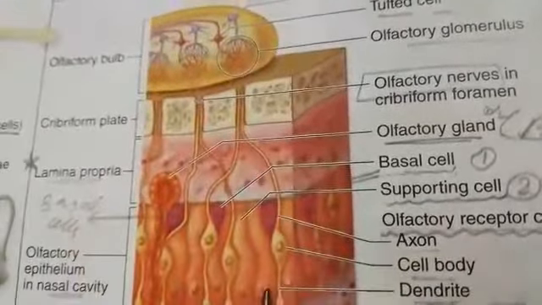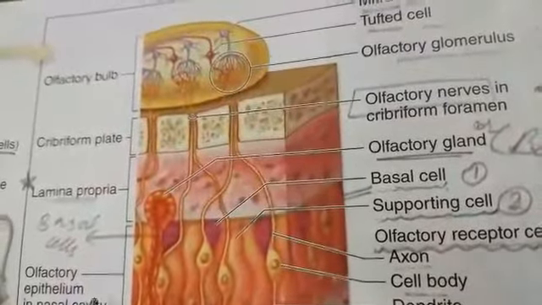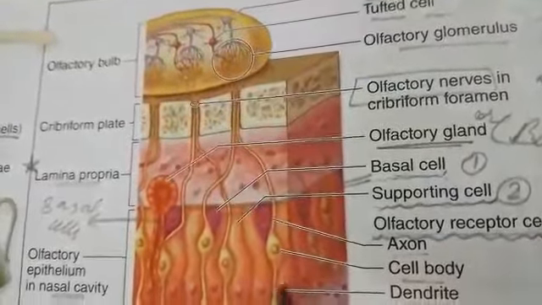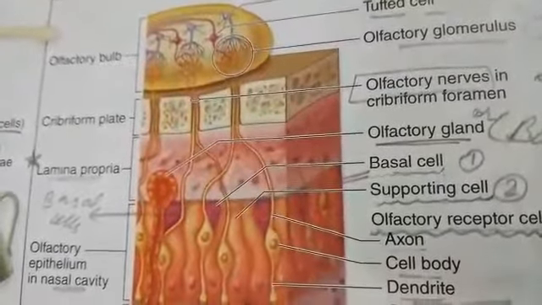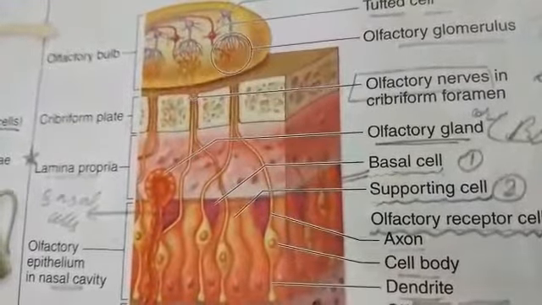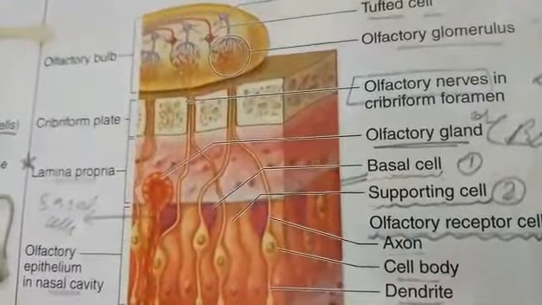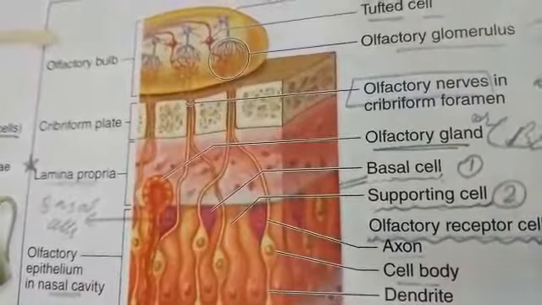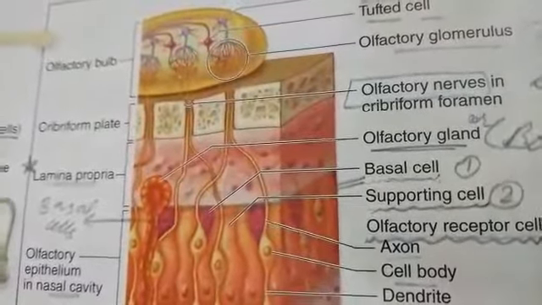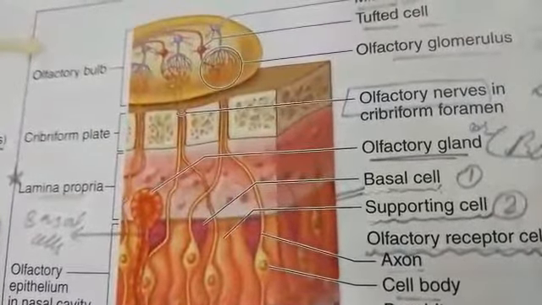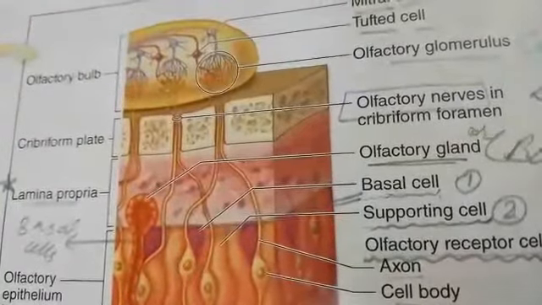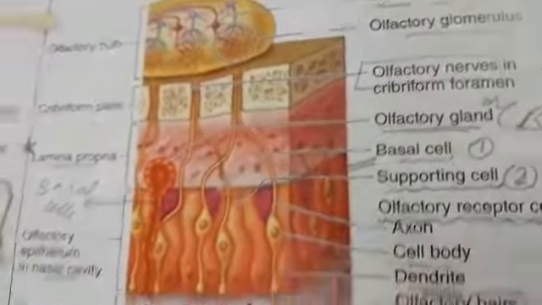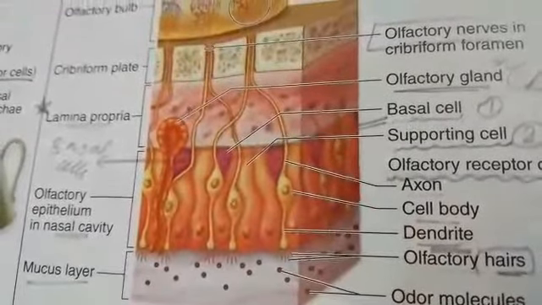After that, there is another type of cell you are observing here, the supporting cells. They give support. They are the most numerous. You can call them tall columnar or sustentacular cells. There are a few microvilli on their apical surface as well. There are mitochondria and smooth endoplasmic reticulum inside, but rough endoplasmic reticulum is in limited amount.